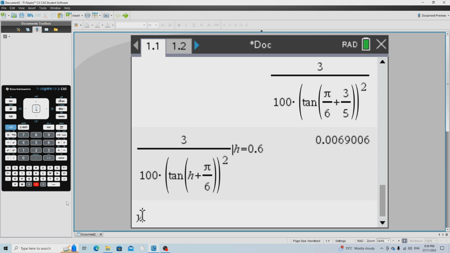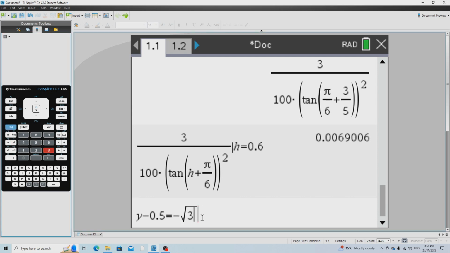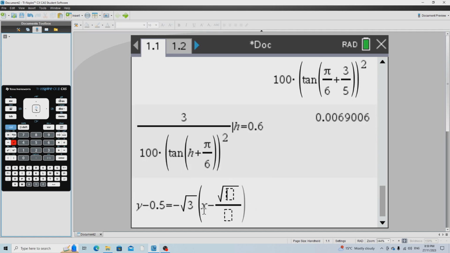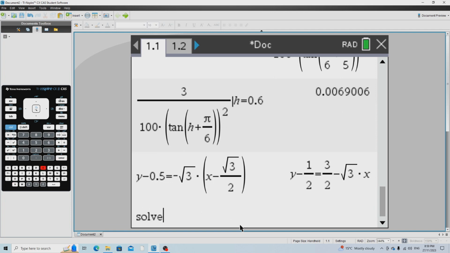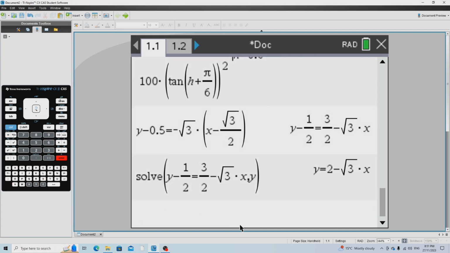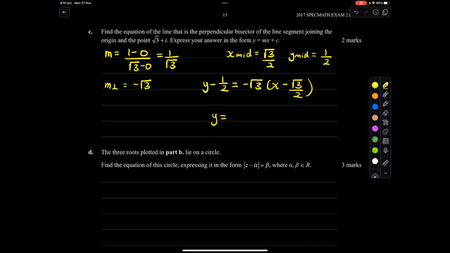So y minus 0.5 equals negative root 3 times x minus root 3 over 2, and then I want to solve for y. And this is your equation. Let's write that down. We can write that as y equals negative root 3 x plus 2. Done. In that form, that's it.